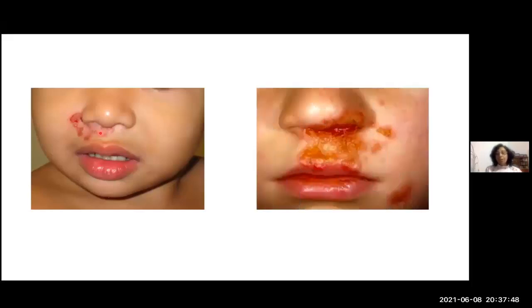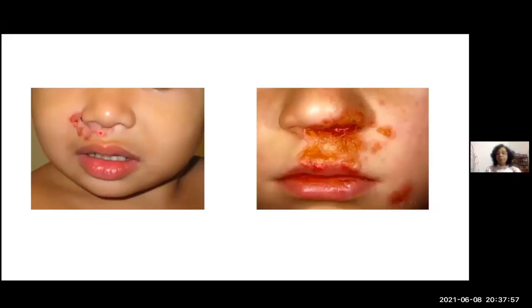Okay. This is quite a common condition that you may come across. What is this? So this skin infection erupts as a group of papules, with a predilection to the nose and mouth area, and they develop into vesicles which eventually rupture into something like this, leaving honey-colored crusted lesions in that area.